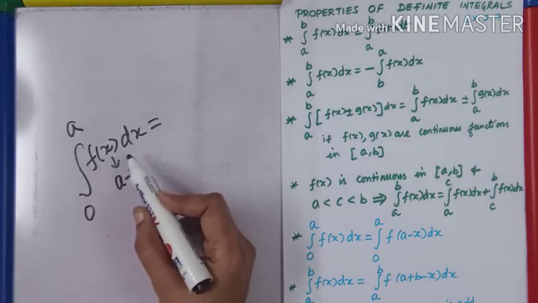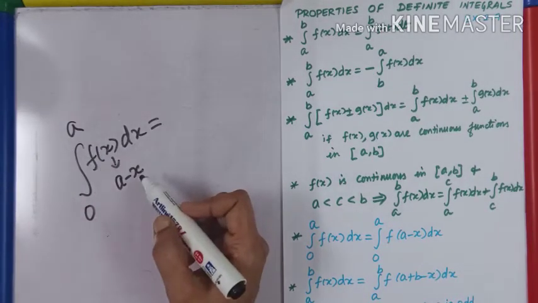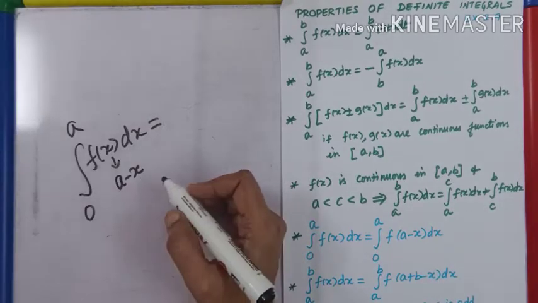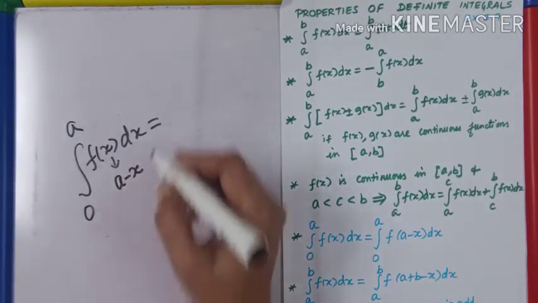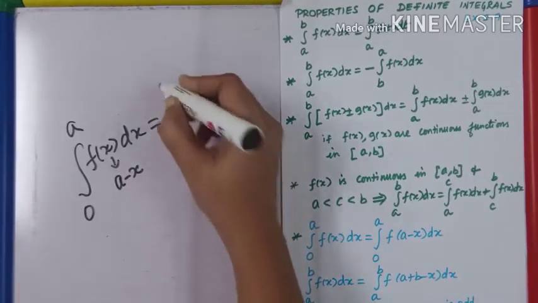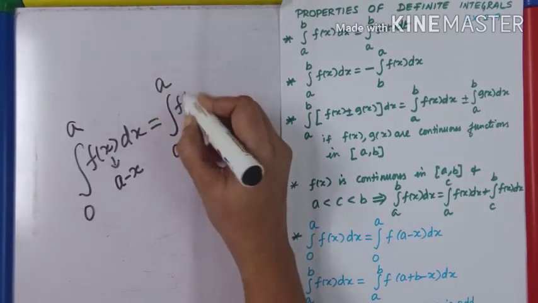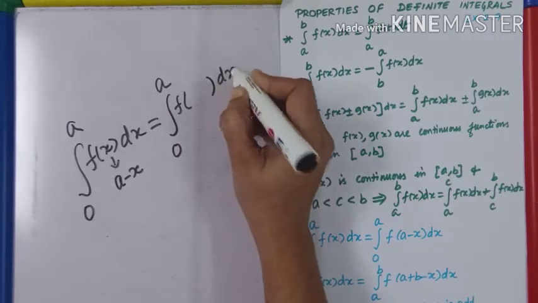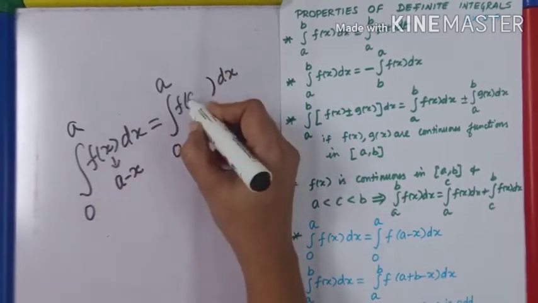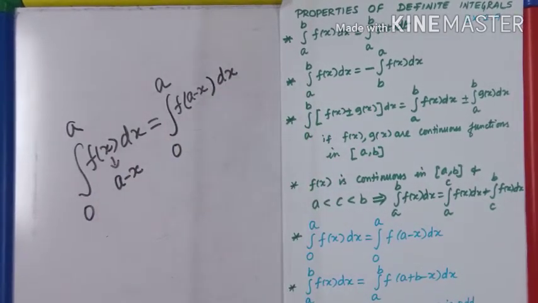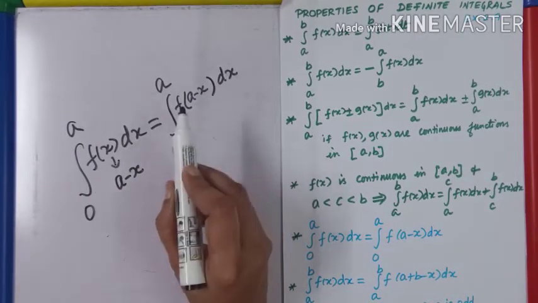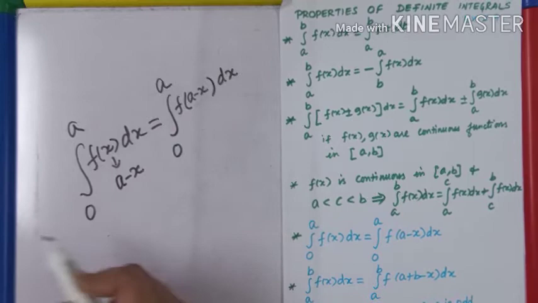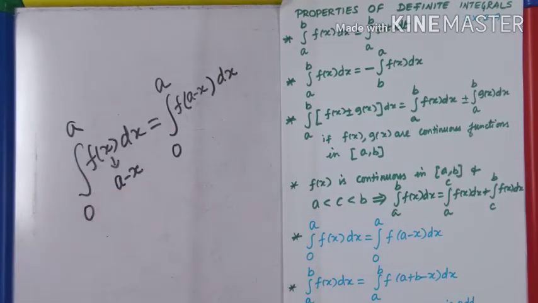So wherever x comes, we put a minus x. The integral limits do not change. dx does not change. Only x becomes a minus x. So remember this idea, we often use it in problems where 0 to 1, 0 to pi by 2 like that are coming in the exercise.